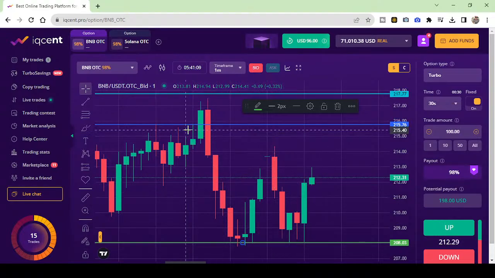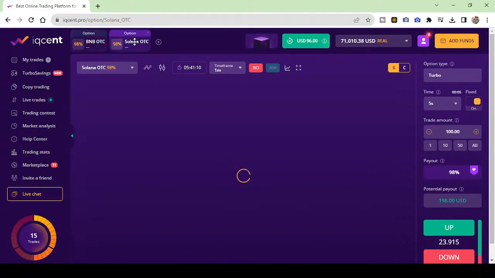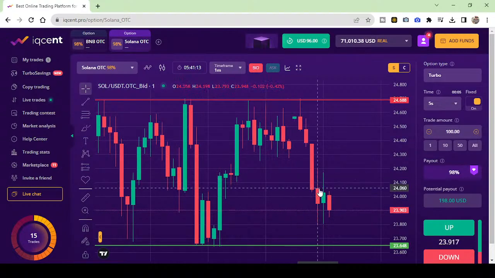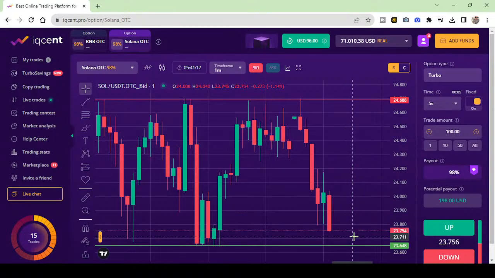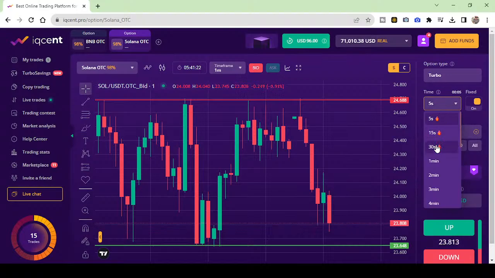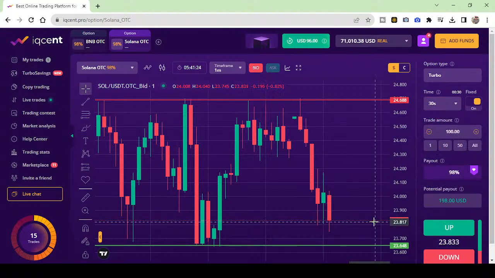Okay, let's go to Solana. I will take a trade in the bottom there, even though it's a little long time, but it's not long enough. So at 23.64.8 I will take a trade also.